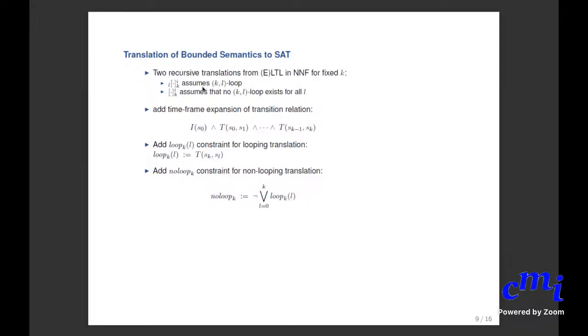Obviously, we have two translations based on the semantics that we just saw. One is for the case where the k-long prefix has one or more KL lassos for different Ls, and the other is the case where the k-long prefix has no lassoing paths at all.